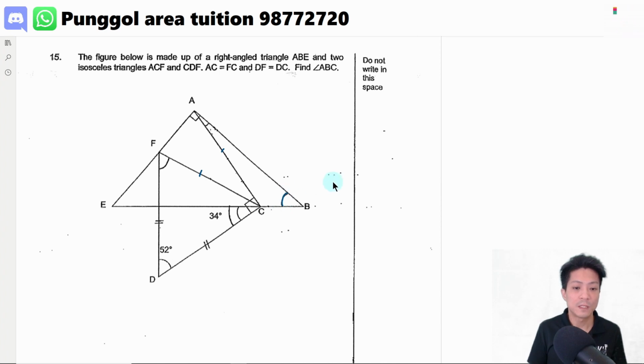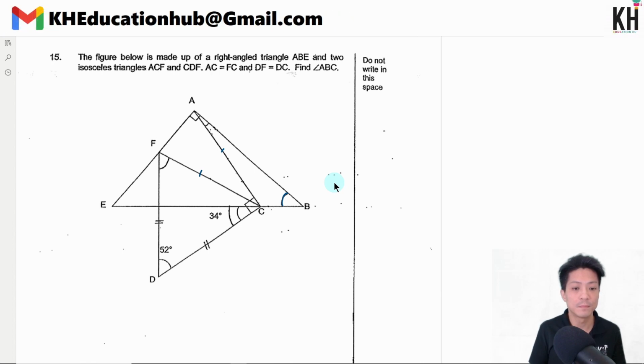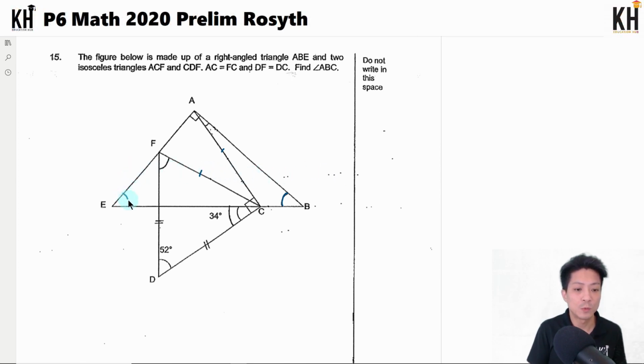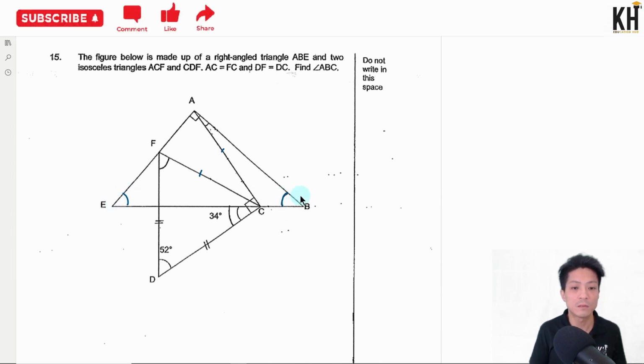So we need to find this angle here. I'm going to slowly work towards this angle, because if I can find angle FEC, then I'll just need to use 90 minus this to find the answer.